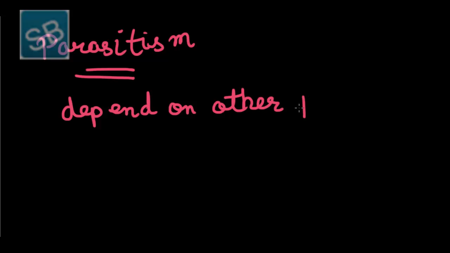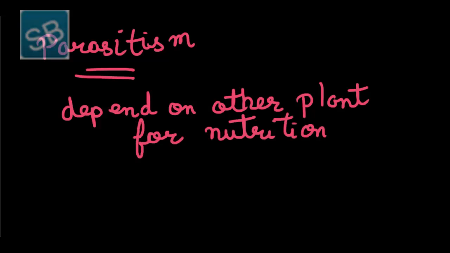Another specialized function of the root system is parasitism, which means some plants are dependent on other plants for their nutrition. Such plants are known as parasitic plants. Example, Cuscuta.